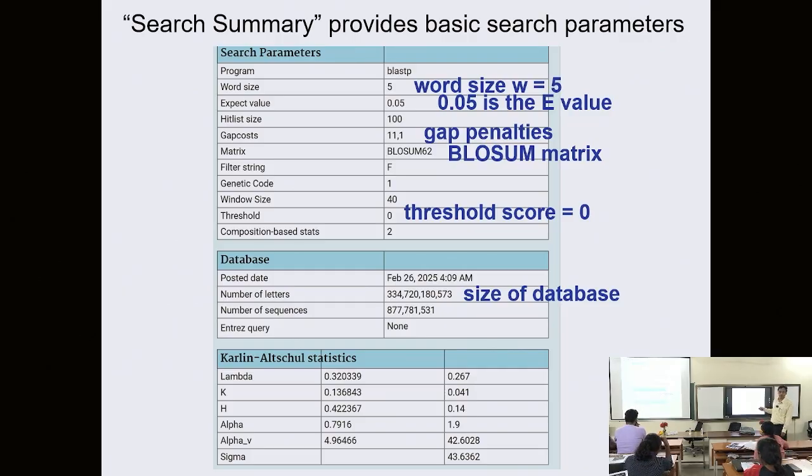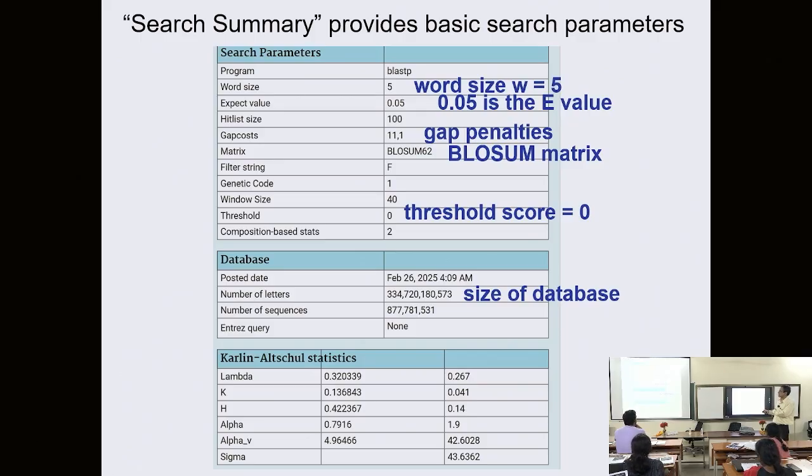Word size 5. Now you understand word size. Expect value you understand. Default is 0.05. Hit list size is the display size, so only 100 hits will be shown in the graphical display. This is default actually 100. You can increase it.